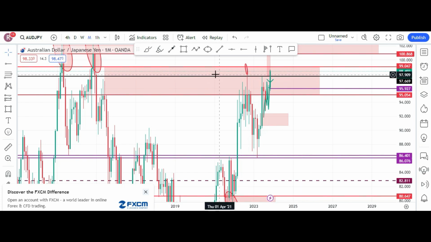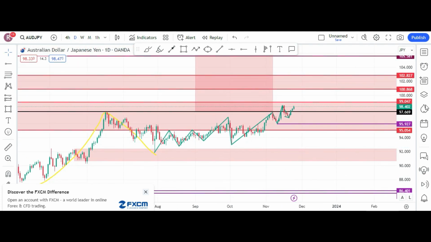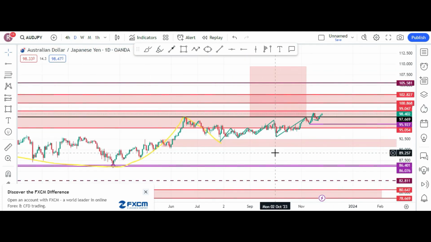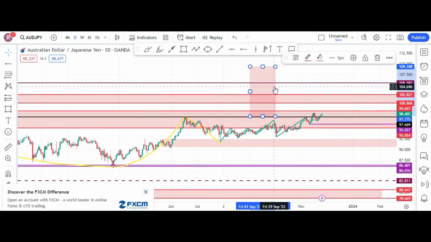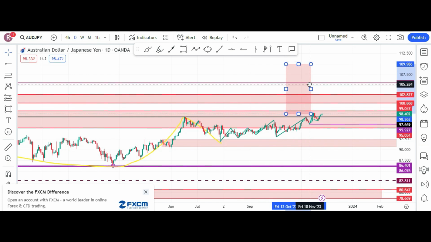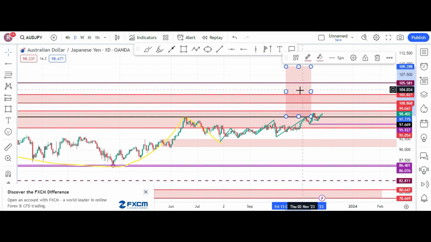So actually, more than I mentioned, multiple tops have been made here. So going back to daytime frame, this is the place where we should concentrate.